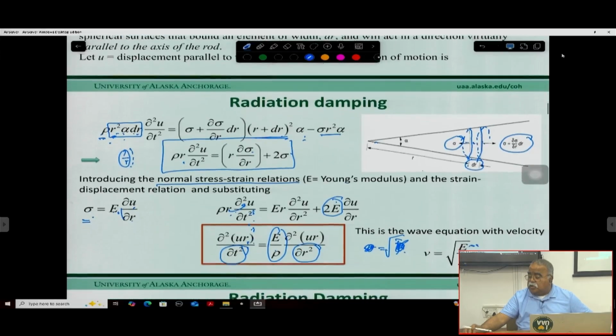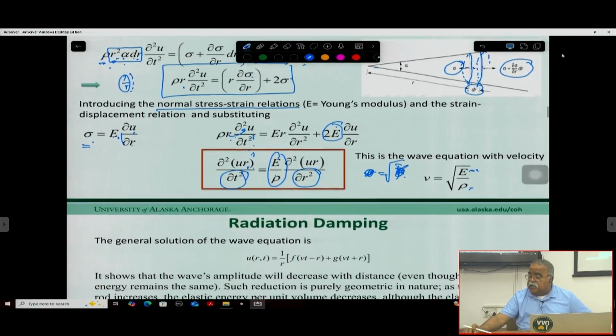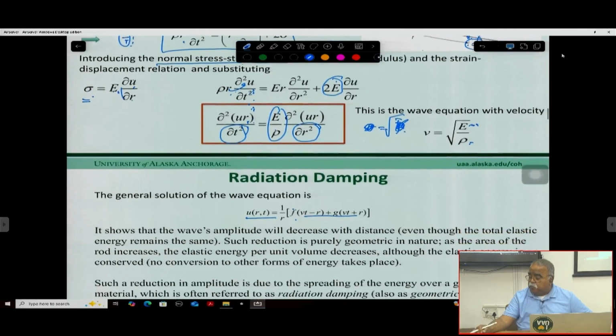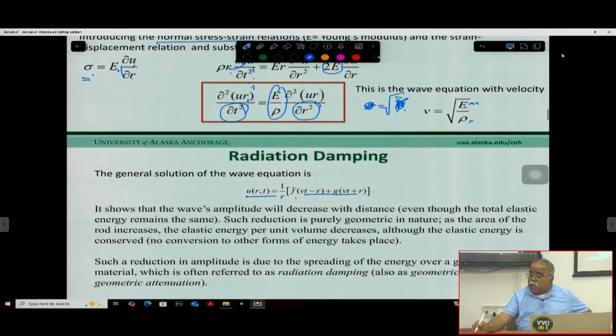So this is your radiation damping, and the solution of the radiation damping is this: u(r,t) equals 1 by r, f(Vt minus r) and g(Vt plus r), where V is the propagation velocity and r is the distance. This is the wave equation, and it will decay by an amount of 1 by r.